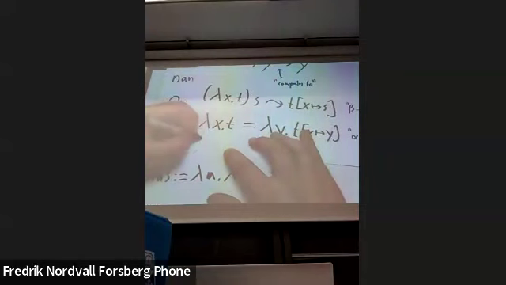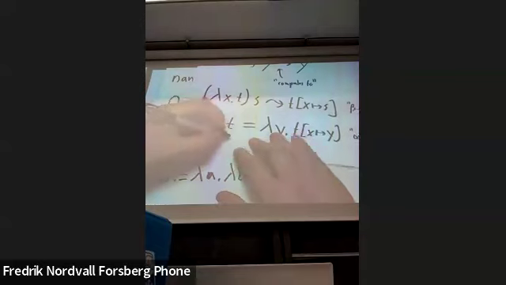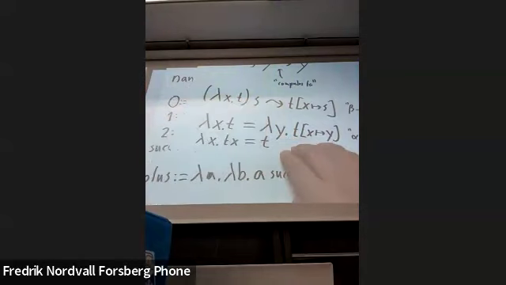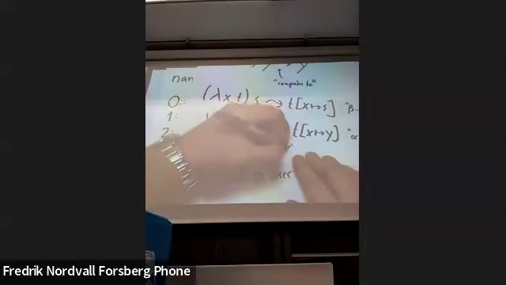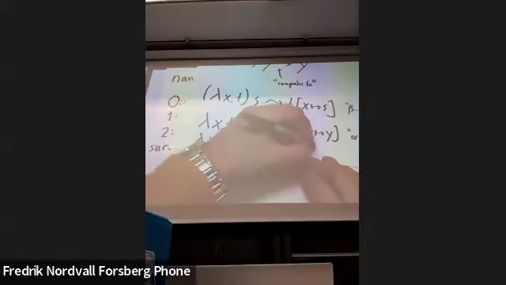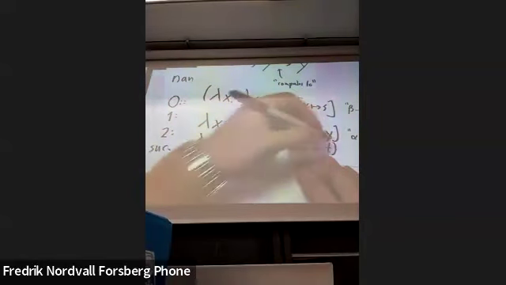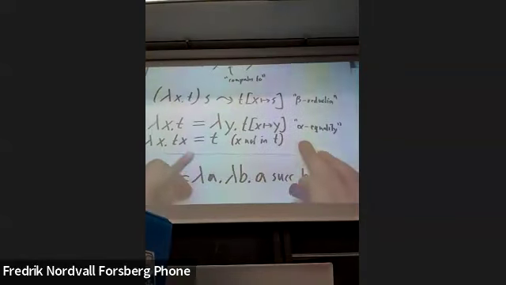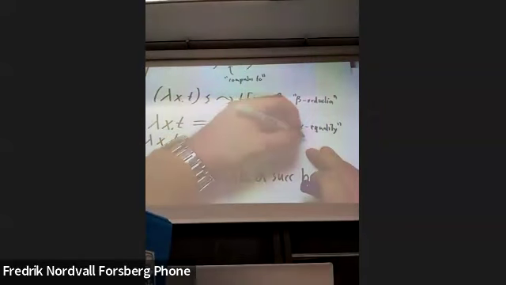Yes, you might as well add it there. Lambda x, tx is equal to t if x is not in t. And for some reason, we skip a bunch of Greek letters and call this eta reduction.